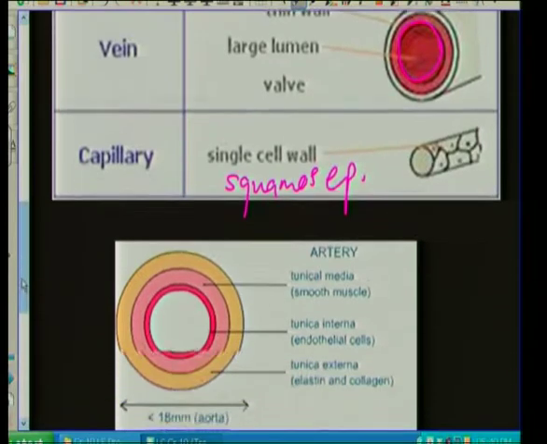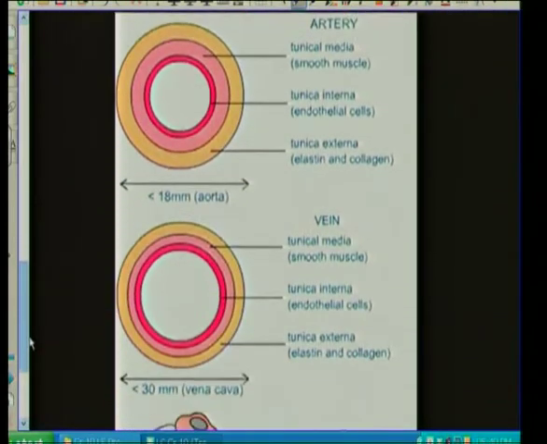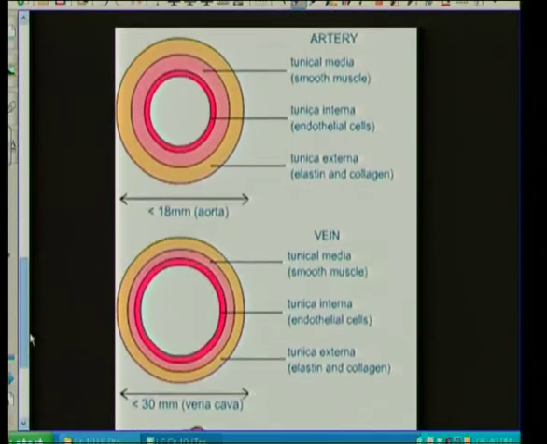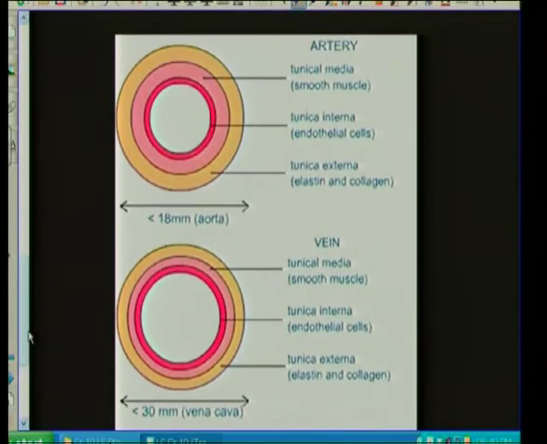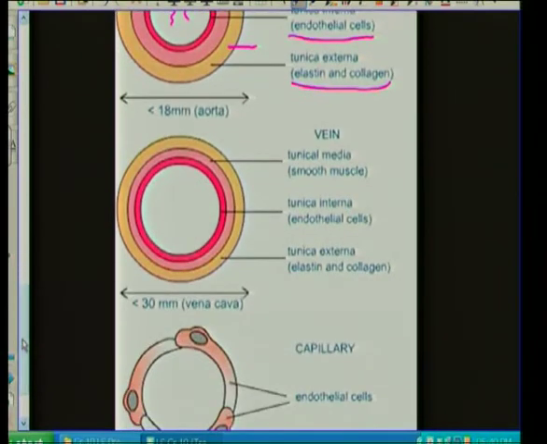If we take a cross section through the wall, a very schematic diagram, we'll see the artery again. There's thick smooth muscle here. Outside is the elastin and collagen, the connective tissue. This red in this particular diagram will be the endothelial cells and the lumen on the inside. When we look at the veins, here's a section through the vena cava, for example.